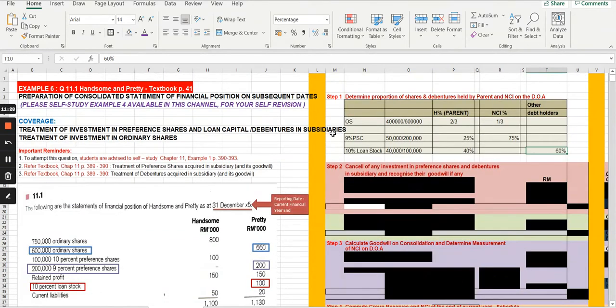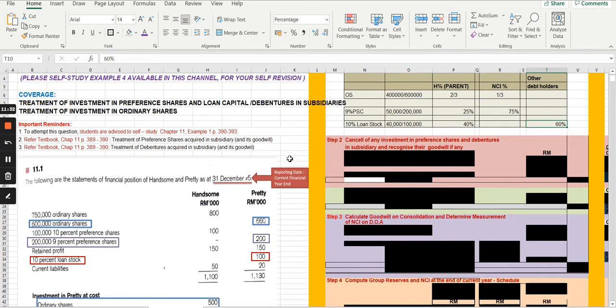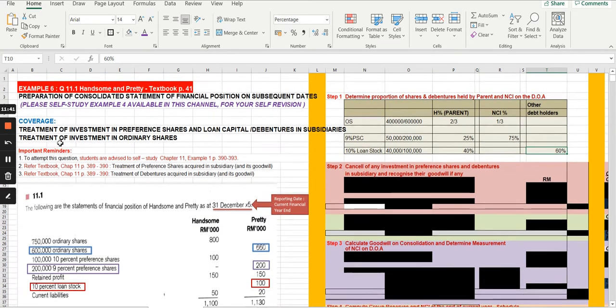The second thing that you need to do is to calculate goodwill, right? So before you can calculate goodwill, you need to check what is to be done with our new accounting treatment for our investment in preference shares and loan capital.